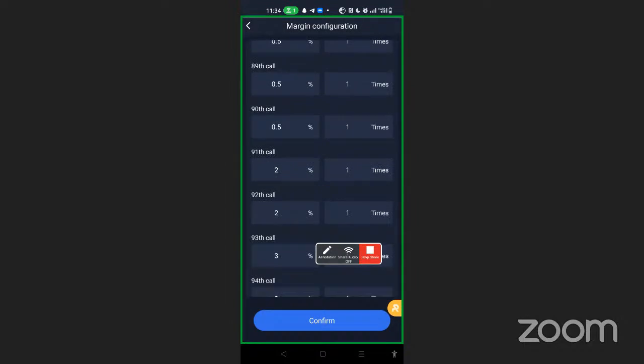He sets up 0.51%, 0.51%, 0.51%, up to call number 90. He's trading on a cycle. I have finished the one shot, so he's trading on a cycle. And he's doing 0.5 one time.